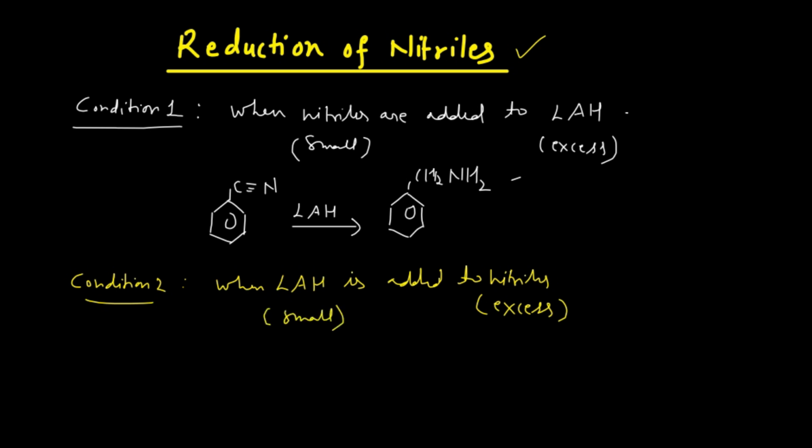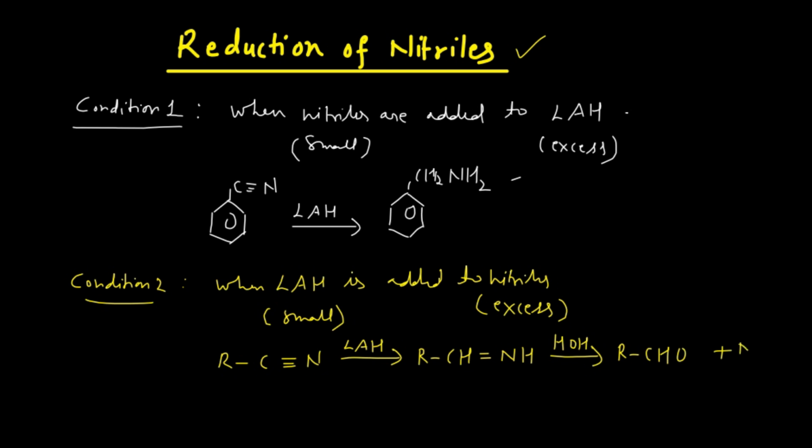So when this happens, say for example R, C triple bond N, and you are doing this reaction with LAH, first you will produce this imine, double bond in the amine, that is imine, and if you do the protic workup, that is HOH, then you will have aldehyde along with the liberation of ammonia. So these two reactions are very, very important reactions.